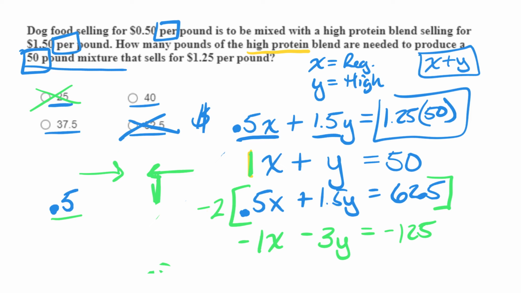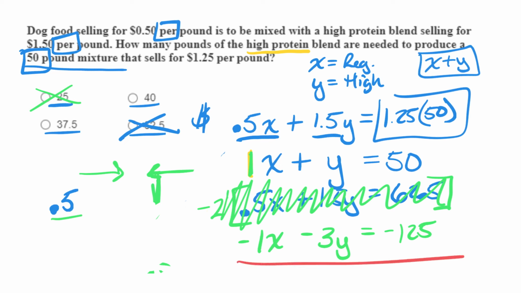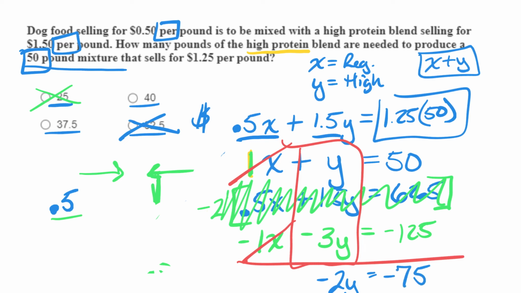So I multiplied to make everything eliminate there. Now I'm going to remove this, and now we're going to do the elimination method. Here's why I did this. x eliminates -x. The y minus 3y is -2y. And 125, -125, plus 50 is -275.